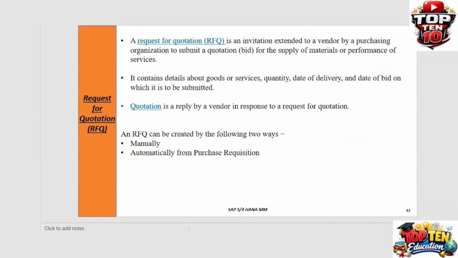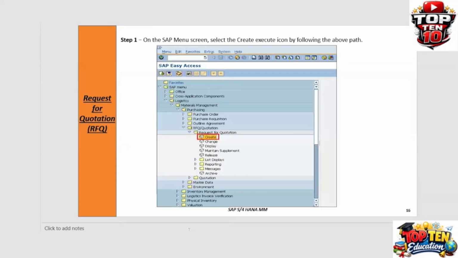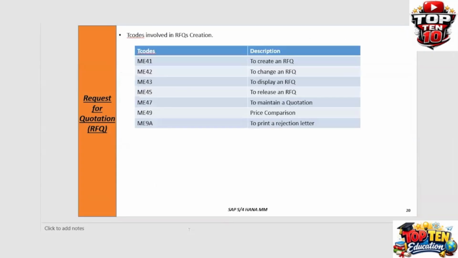After that, I took the topic pricing procedure. In the recorded video, you will find the complete detail. Then the second document, request for quotation, its configuration part, and then the end user part.